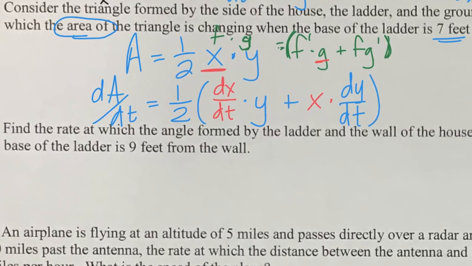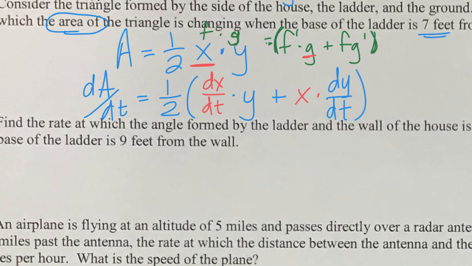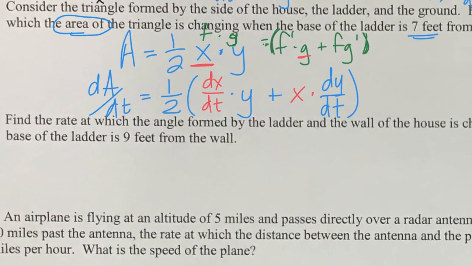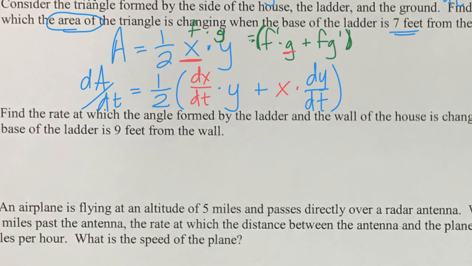Okay, so when we implicitly derive these things with respect to time, this is the formula that I get. 1/2 of dx dt times y plus x times dy dt. Okay, so do we know any of these things? I think we know all of them, in fact.